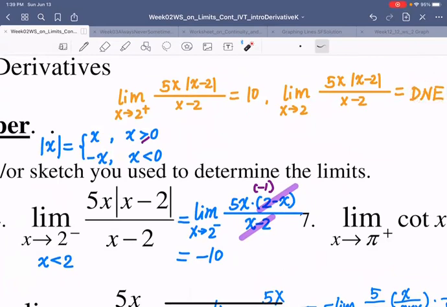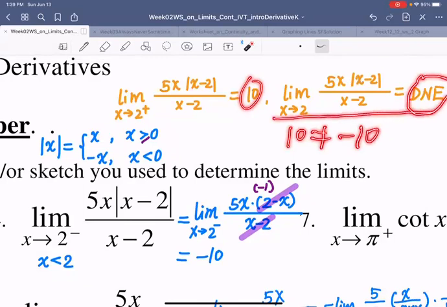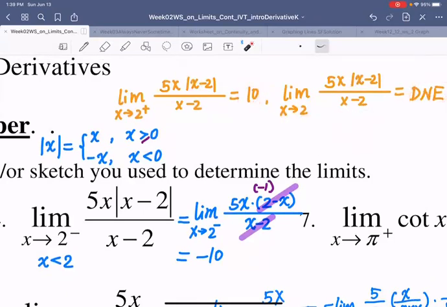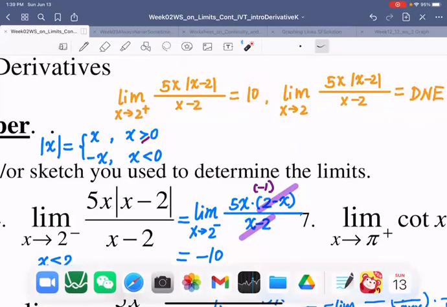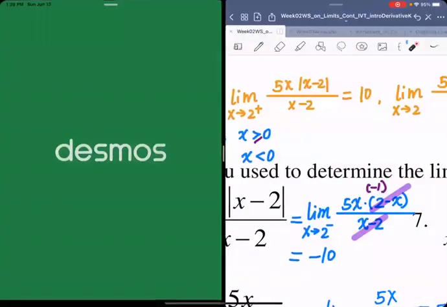Because the limit from the right does not equal the limit from the left. 10 does not equal negative 10. So at this point, the limit does not exist, okay? This is a discontinuity. And you might wonder, what will happen for the graph?